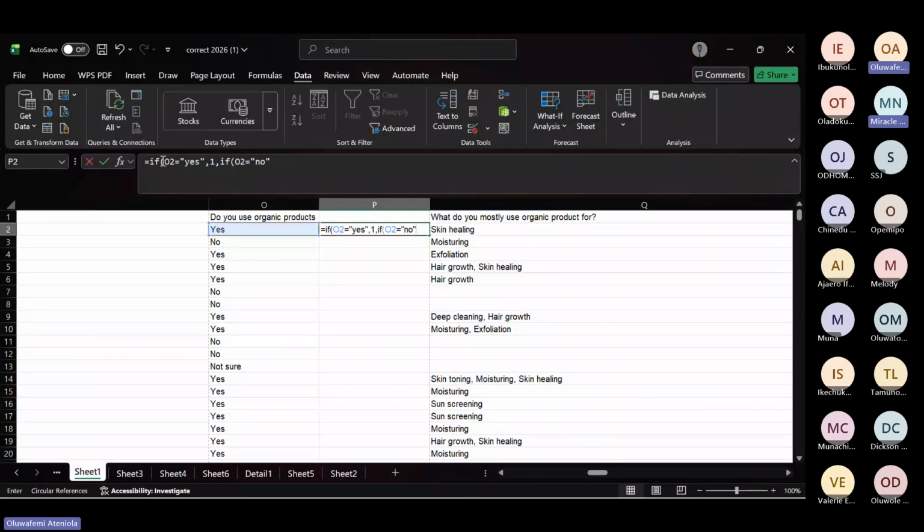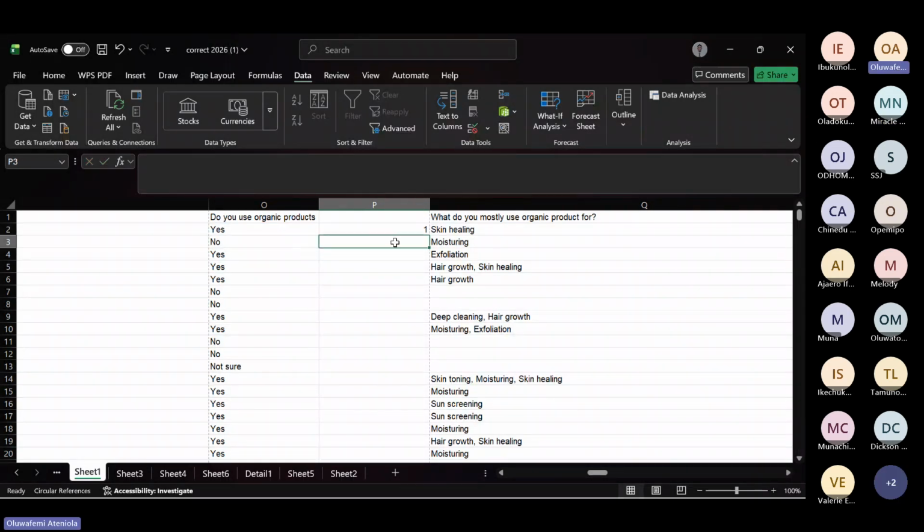So if this place is equal to yes, put 1. If it's equal to no, then we tell it put 0. And if the place is equal to maybe something else again, we can then say 3. So we close it and we hit enter.